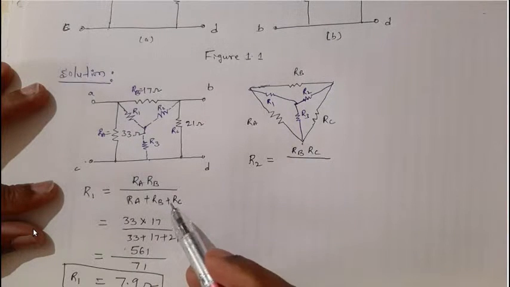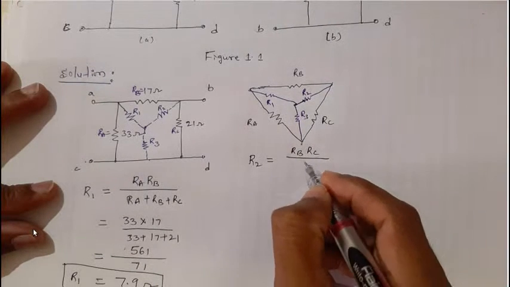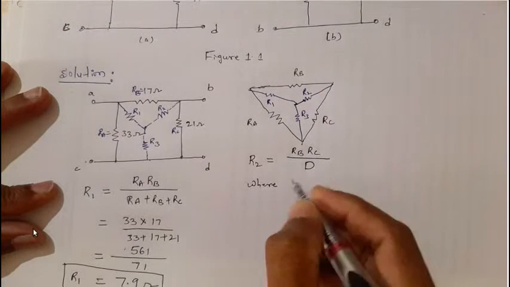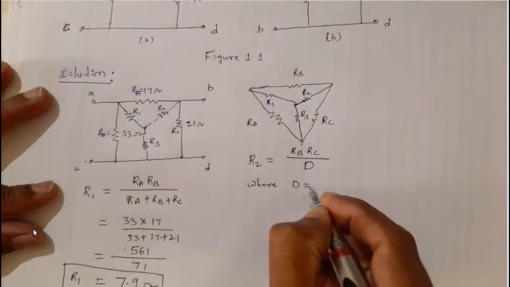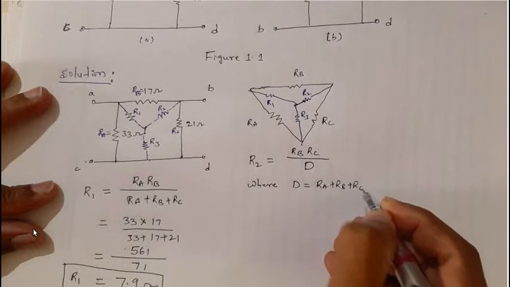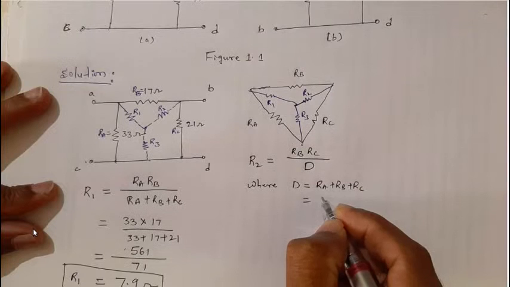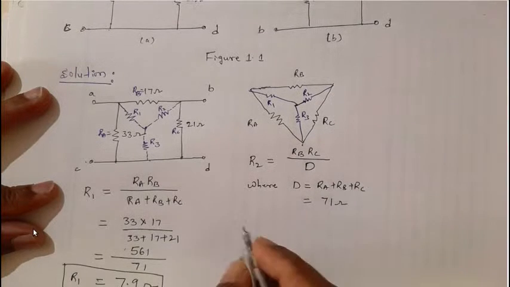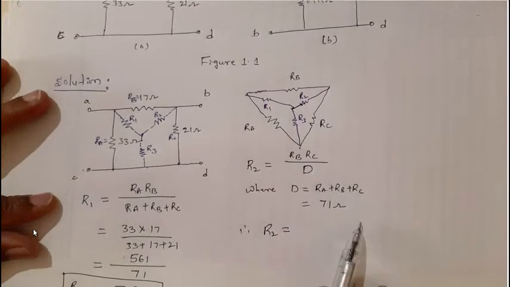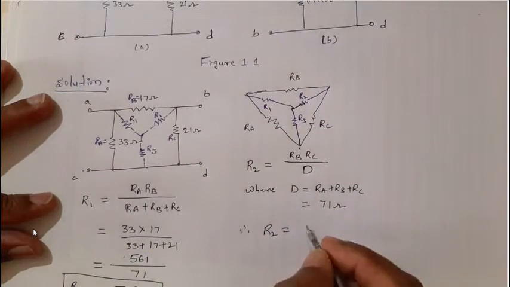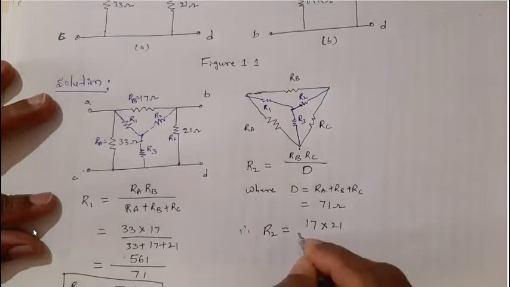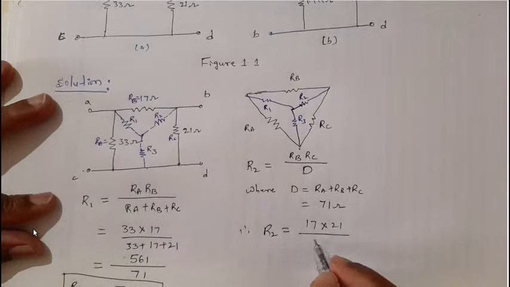Because of that, I will call this denominator D from now on. D is equal to RA plus RB plus RC, which is 71 ohm. Therefore, R2 is equal to RB, which is 17 ohm, into RC, which is 21 ohm, divided by 71 ohm.